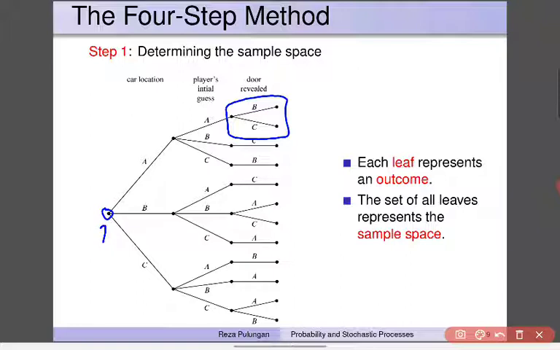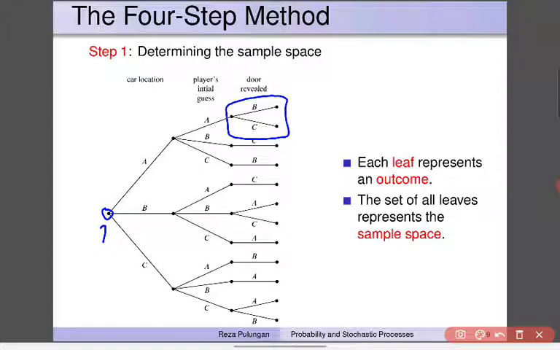Furthermore, the car is behind that door. So this means the host can only open either door number B or number C. So there are only two alternatives for the host to open.